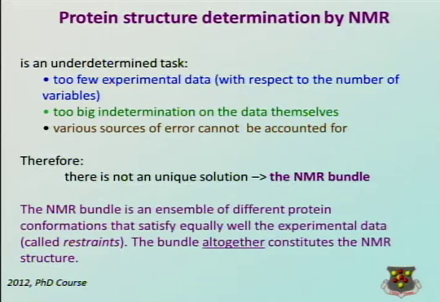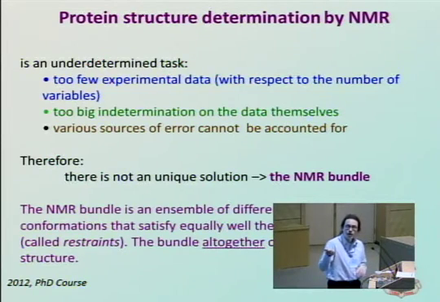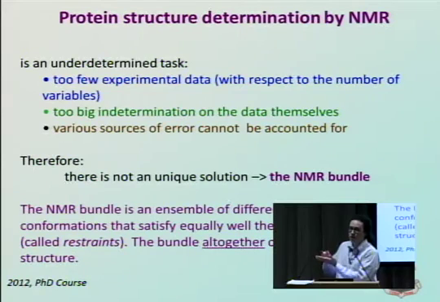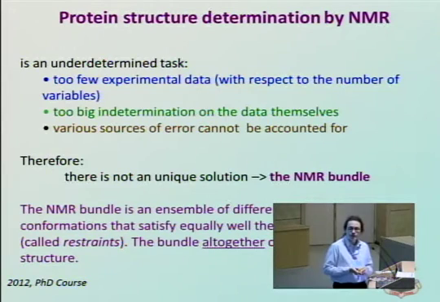You will find different names in the literature, meaning that because we have few data with relatively large errors, we do not find a unique solution, a unique 3D conformation of your protein that satisfies the restraints, but actually you will find in your calculations multiple conformations that are all equally suitable, that equally fit the data.